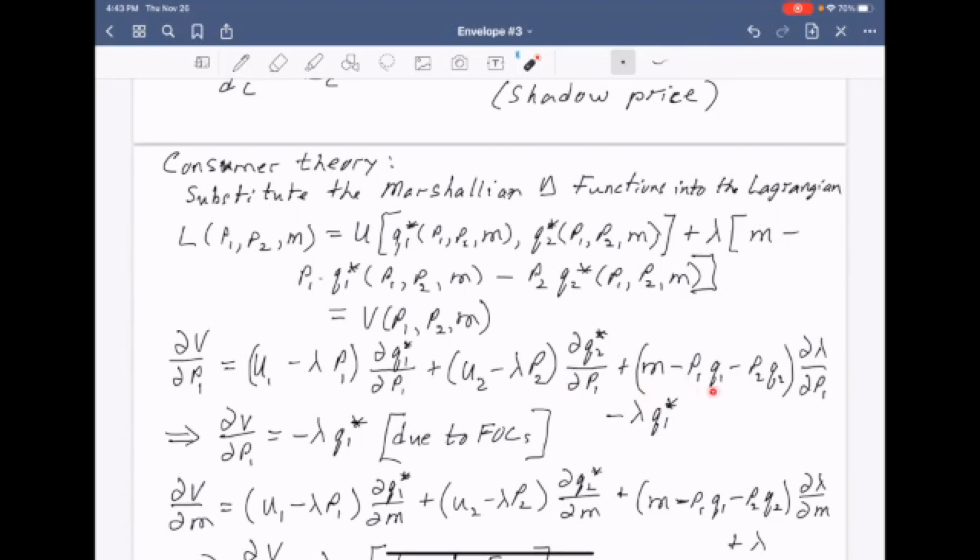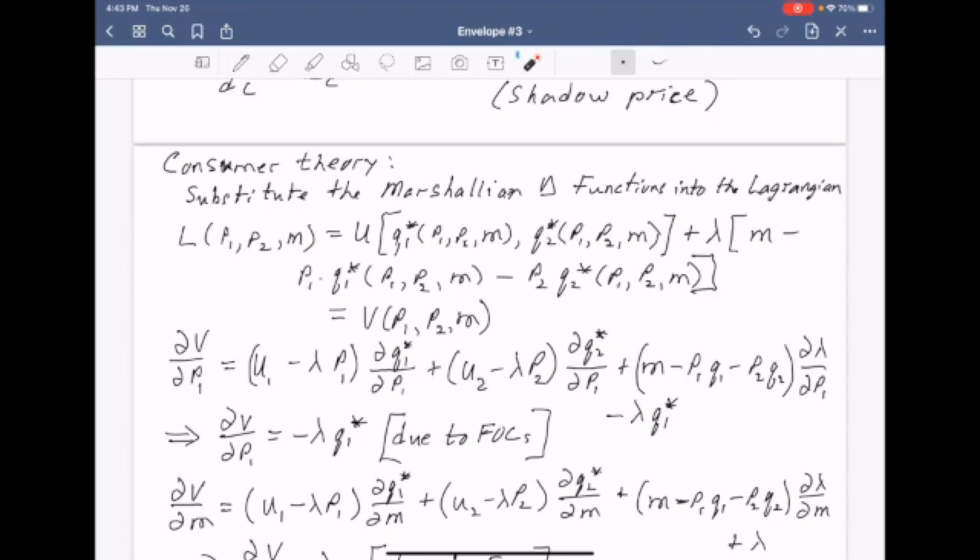Then we get back the budget constraint, which would turn out to be 0, multiplied by the partial of lambda with respect to P1, and we end up with minus lambda times the Marshallian demand for Q1.